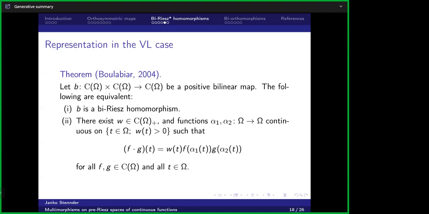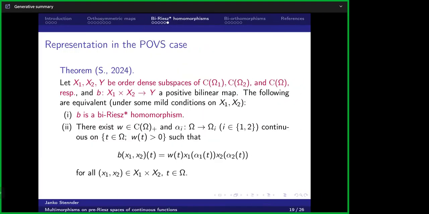Okay, and now we have a look at the partial vector space case. Now we don't have the whole space, but only ordered subspaces. Let's take some positive bilinear map. And we use some very mild conditions on our spaces X1 and X2, some very mild separation properties, nothing major. Then we get exactly the same truth.